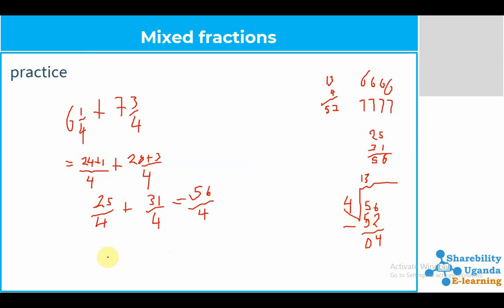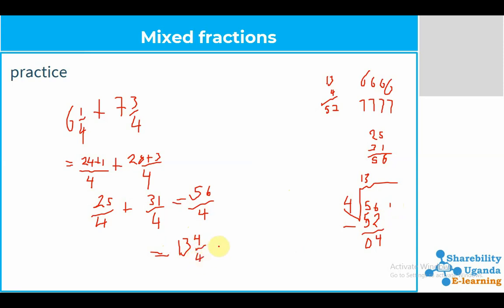Then when we get our remainder as a 4, we shall be able to write and say when you divide 56 by 4, the answer is 13. There is some remainder, which is a 4, out of 4.